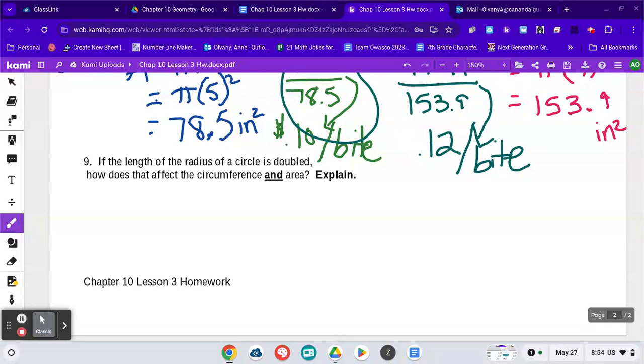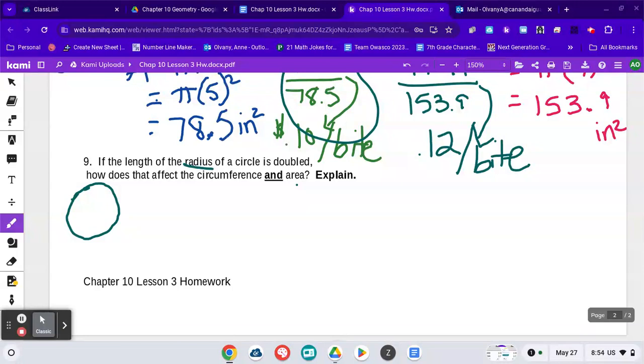Anyway, if the length of the radius of a circle is doubled, how does that affect the circumference and the area? Okay, well, let me think about a circle and let me give it a radius. Never pick 2 when you're doing a trial because 2 squared is 4, but 2 plus 2 is also 4.